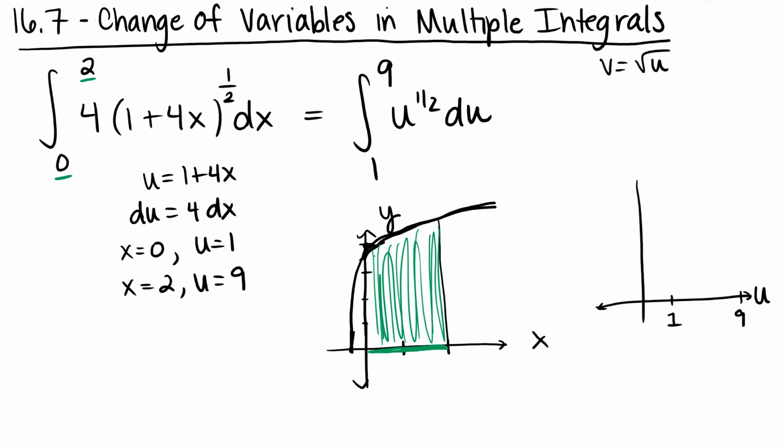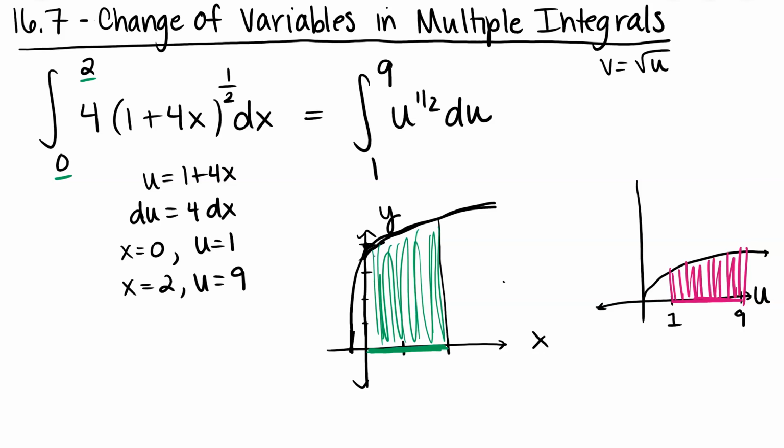So this green space that I was integrating over now is changing to 1 to 9, and now I have this function where these areas, the green and the pink, are exactly the same. They would give me the same number, but I've just transformed it.